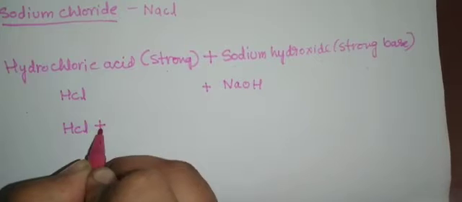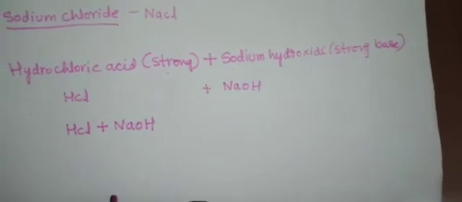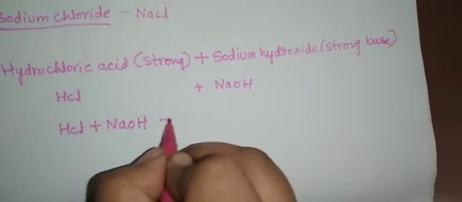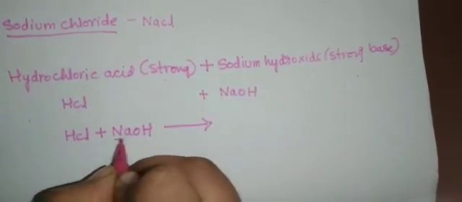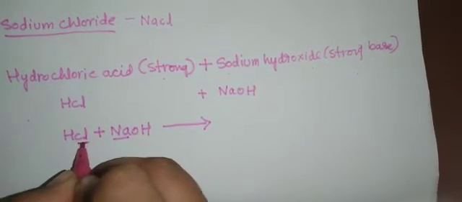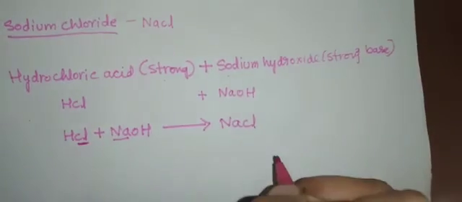HCl, hydrochloric acid, reacts with sodium hydroxide. What happens here? The sodium and the chlorine combine and form NaCl.